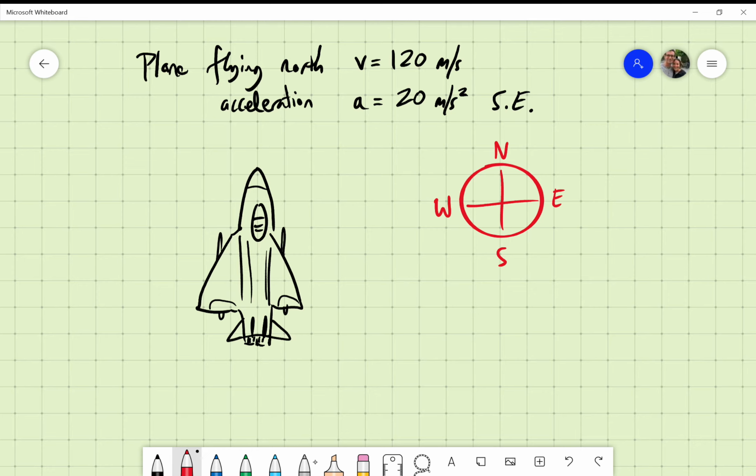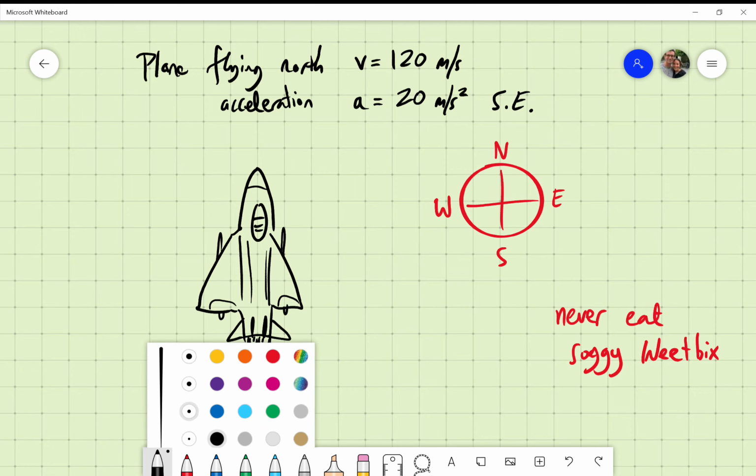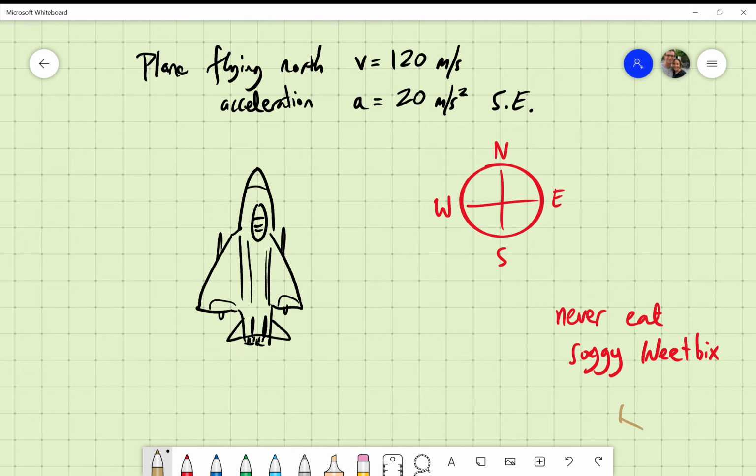In Australia, here is what we were told as children: never eat soggy Weet Bix. If you want to know what Weet Bix are, they were brown. They were a brown brick of like compressed wheat cereal. I kid you not.